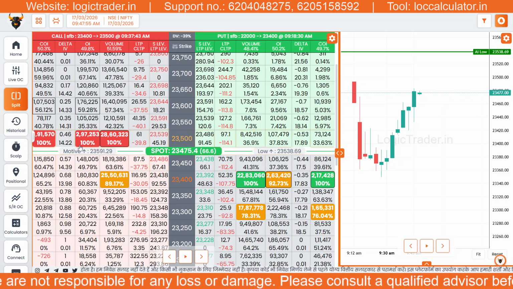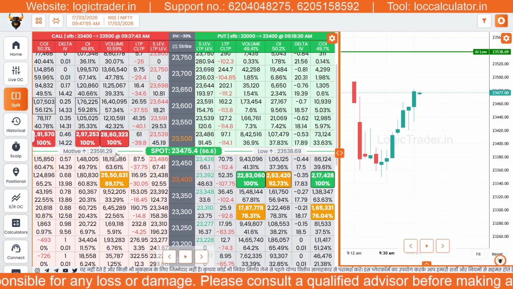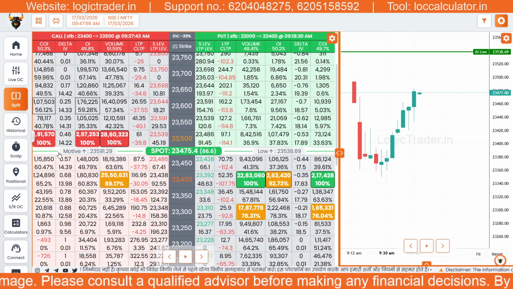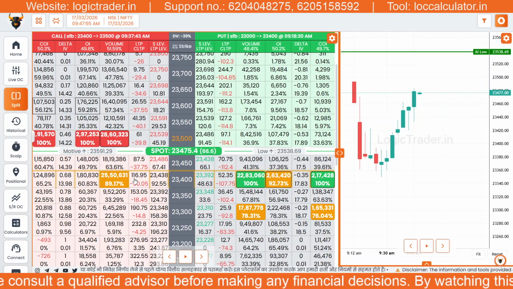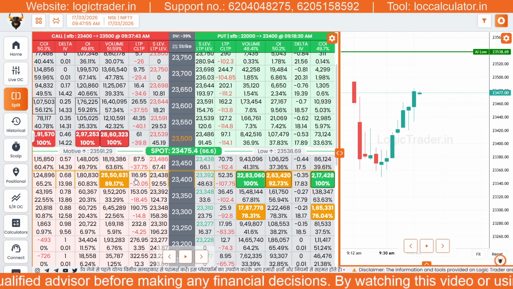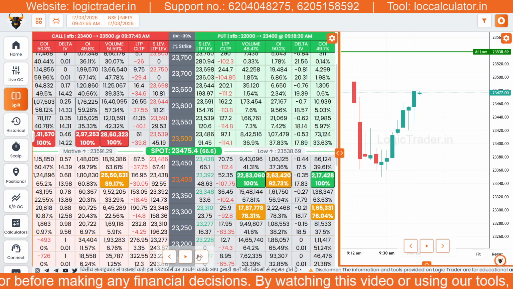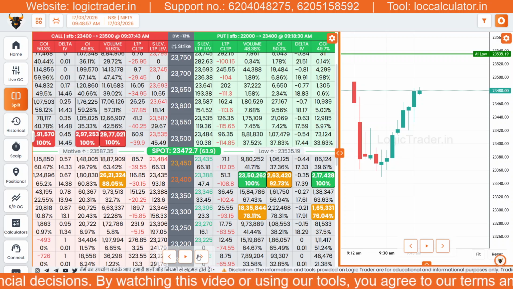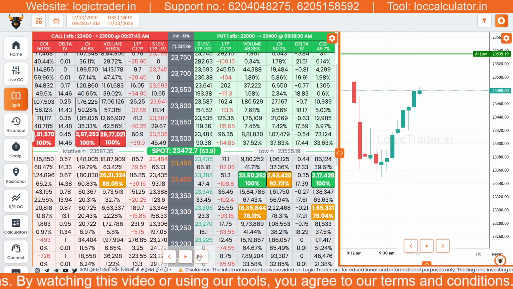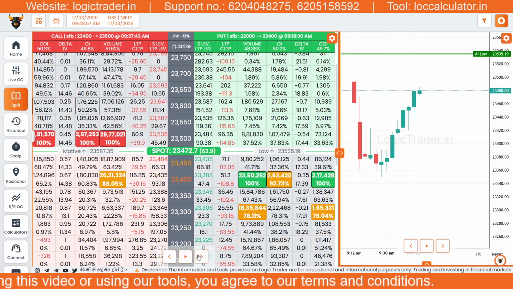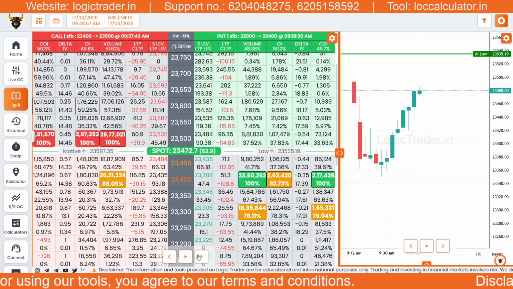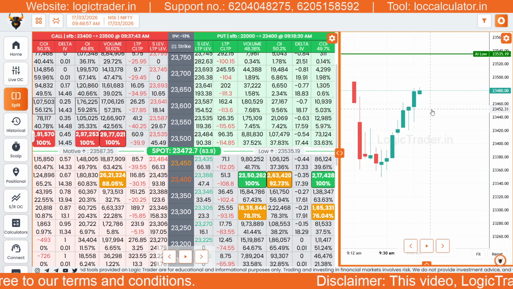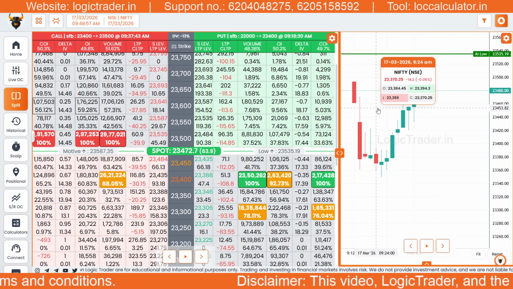If you want, you can observe the motive up to 3 minutes. In this situation, instead of exiting early, we will continue to hold our trade. We will stay in the trade as long as our trailing stop loss is not hit. This way, we allow the trade to run with the trend and capture the maximum possible move.